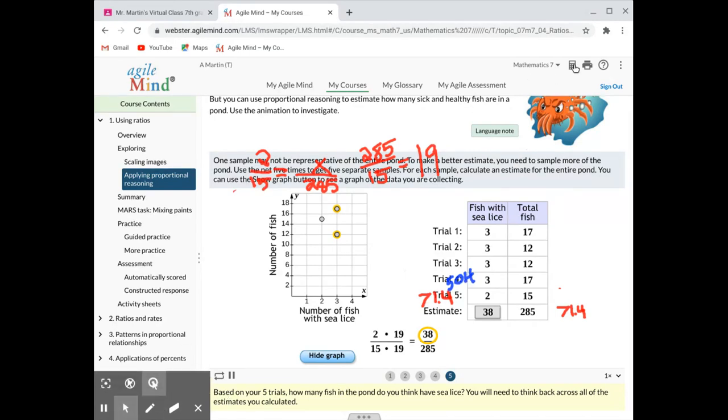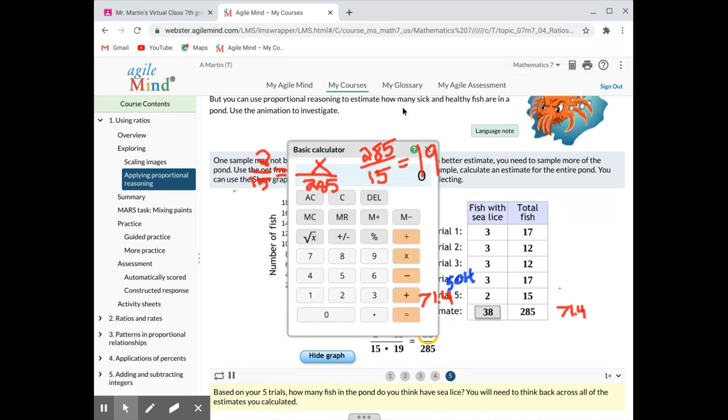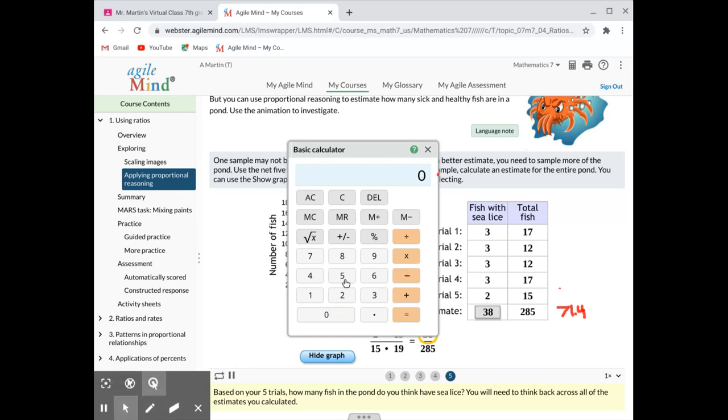All right, so let's take that calculator and let's see what we can come up with. Let me clear this off. So the first one that we had, what was our estimate here? For trial 1, 71.4.